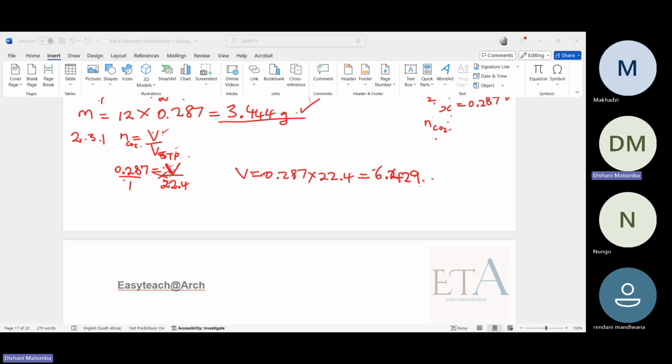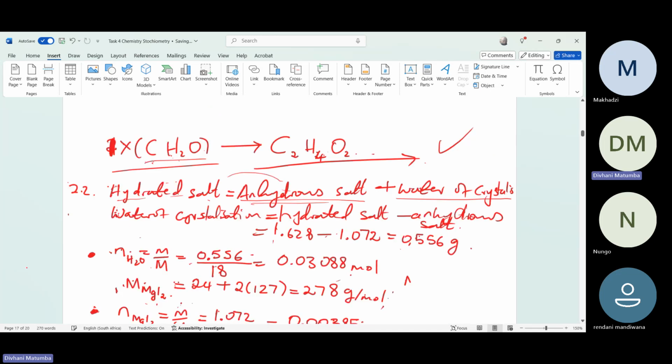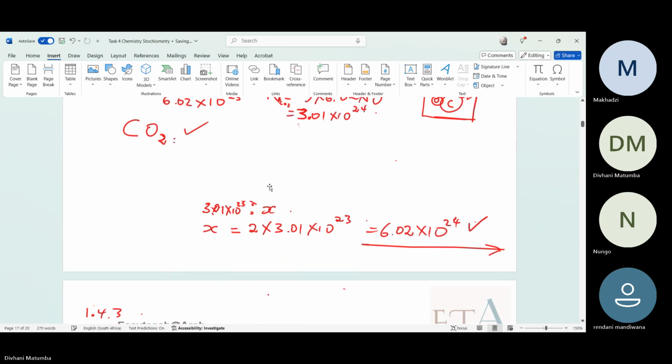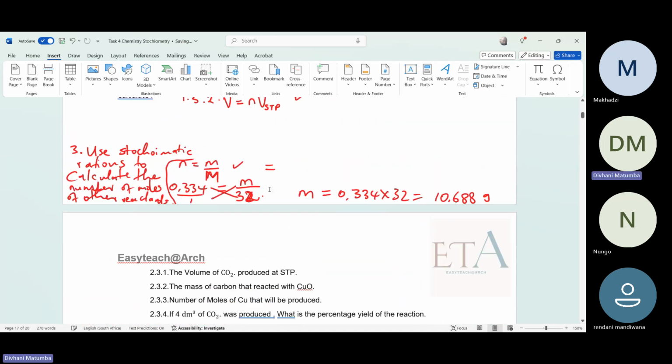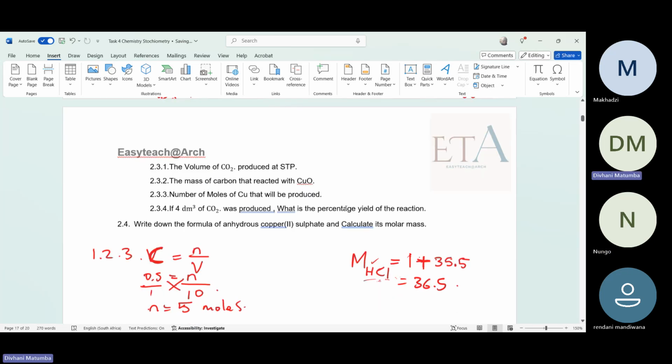Okay, let's see what the next question says. Let's go to the next question, 2.3.2. The mass of carbon that reacted with copper oxide. Nungu, how do we go about this one? I've already calculated the number of moles.